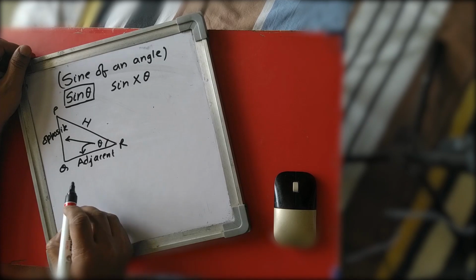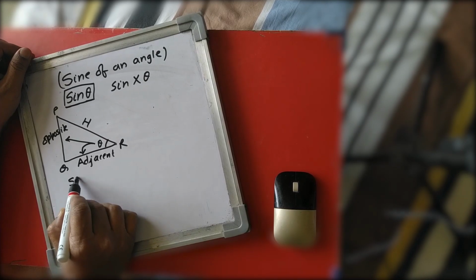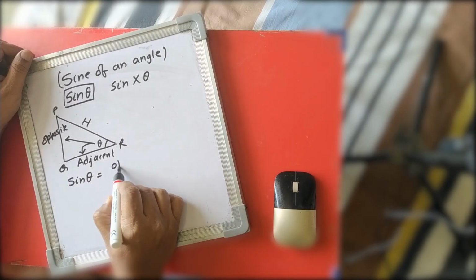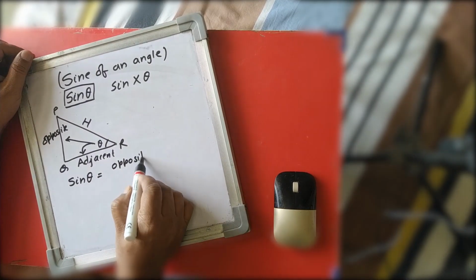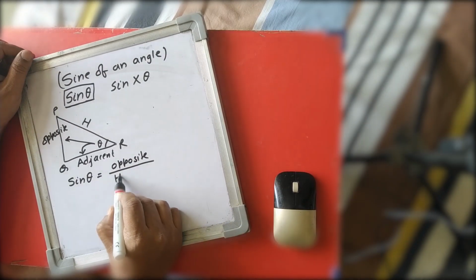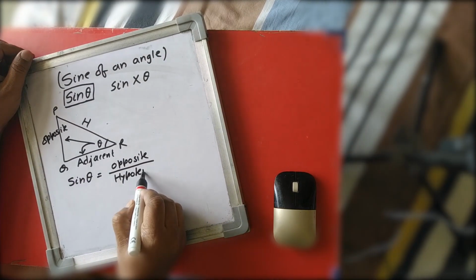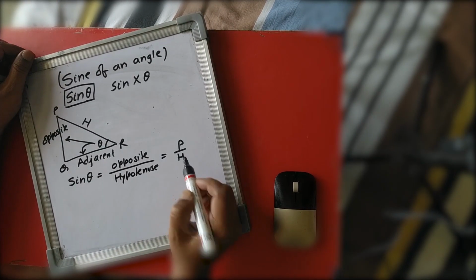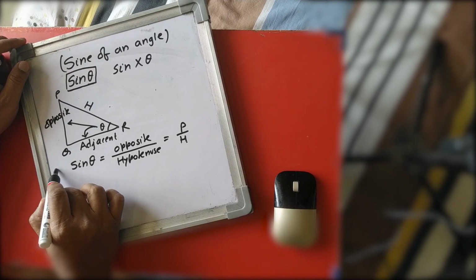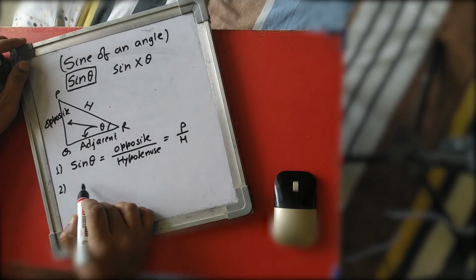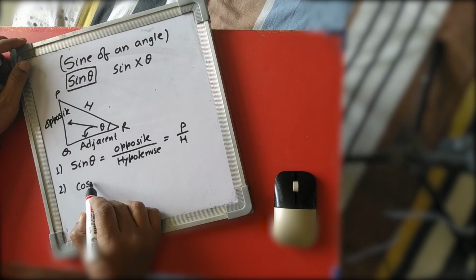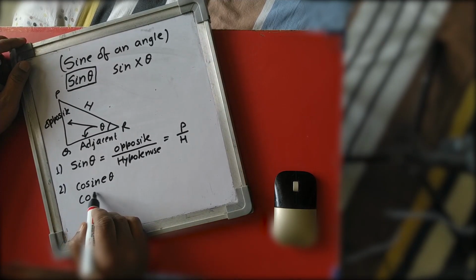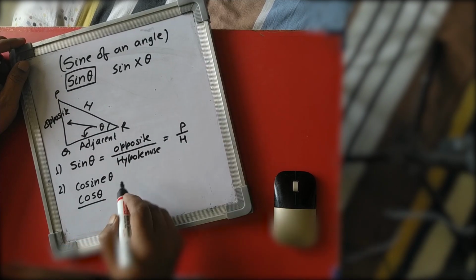So we start defining our trigonometric functions with sine theta. Sine theta is equal to opposite upon hypotenuse. And since side opposite to theta is the perpendicular, we can also write in short P by H. The second trigonometric function we define is cos theta, which is basically short of cosine, but it is written normally as cos theta only.